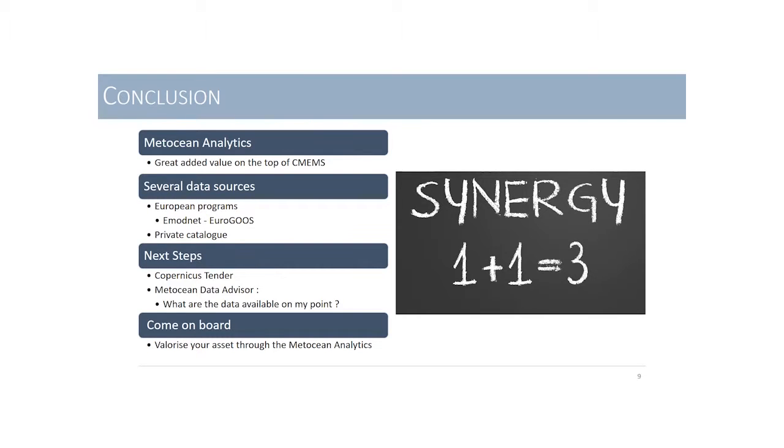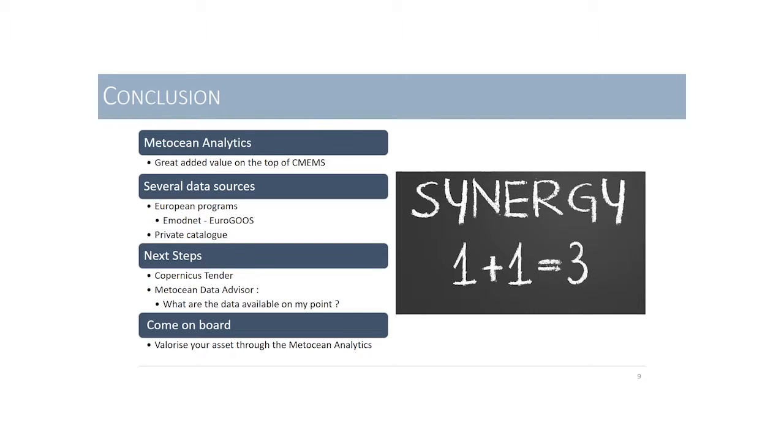So as a conclusion, I think it's a great added value based on all the work that has been done in such meteorological institutes such as MyOcean and the Met Office, and everything that has been gathered into the CMEMS services. We are using several data sources. We use a lot, of course, the CMEMS data.